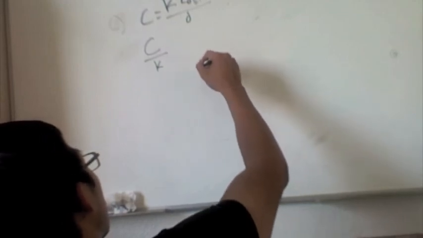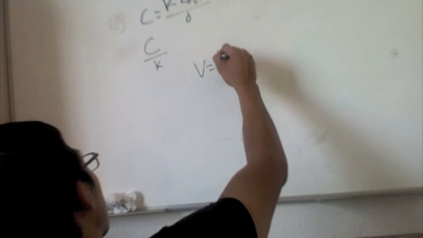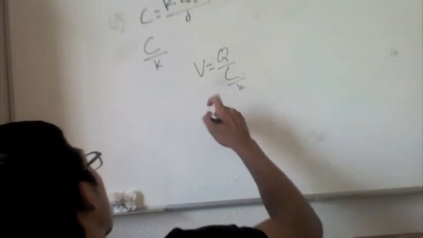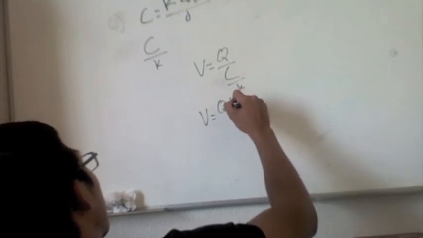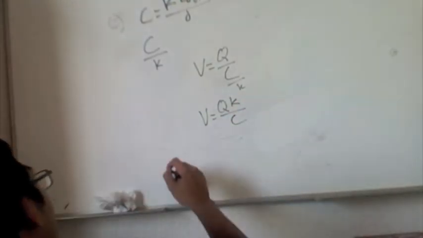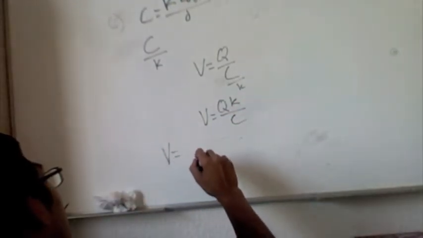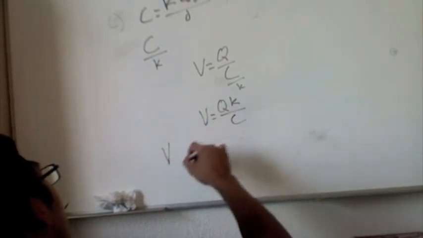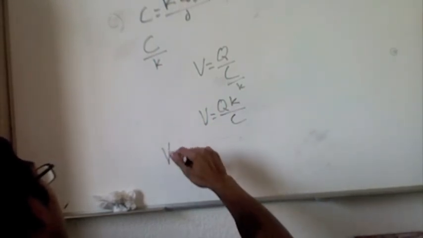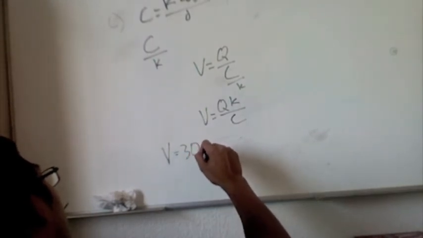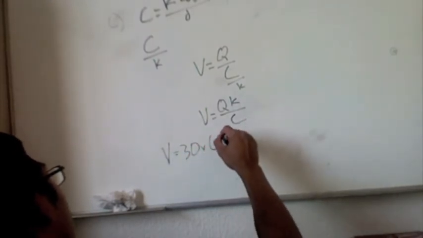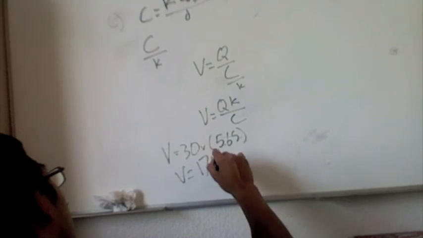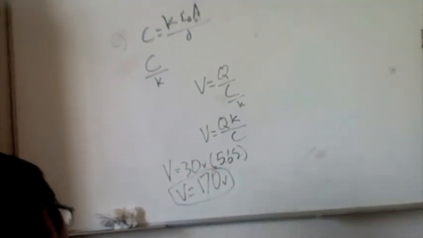In V equals Q over C, this C is also going to be divided by K. So you're going to have your original voltage, which is 30 volts, and your K, which you found earlier, is 5.65, which will get you 170 volts, which is C.